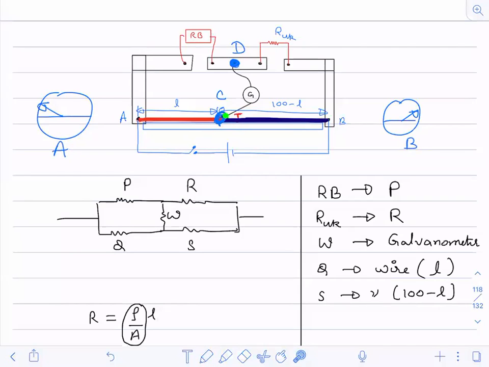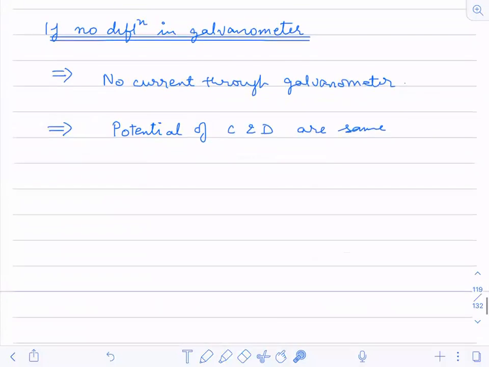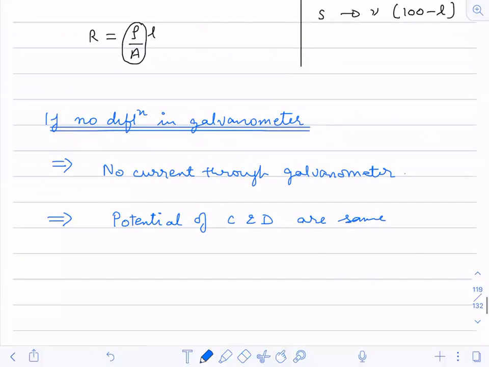Somewhere in between, there will be no deflection in the galvanometer, and that point we are taking as L and 100 minus L. If there is no deflection, there is no current, because if there is a current through the galvanometer, there will be deflection.